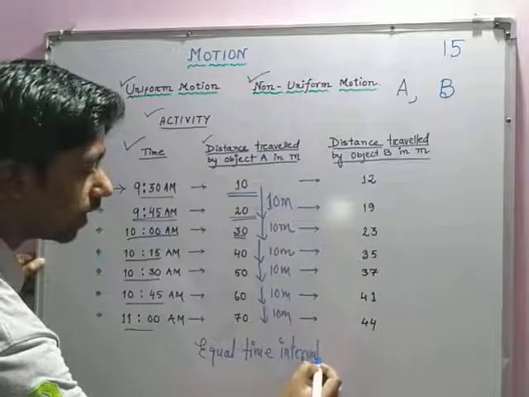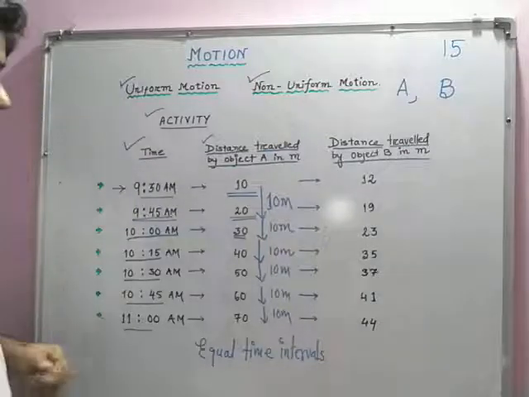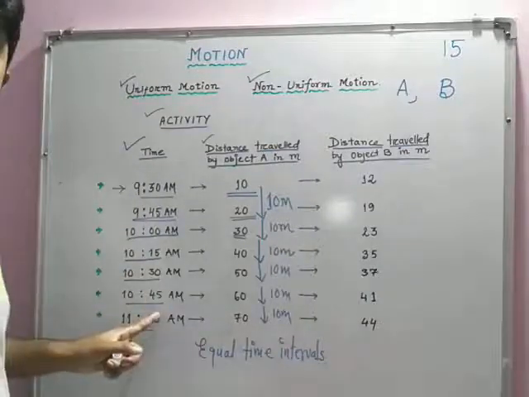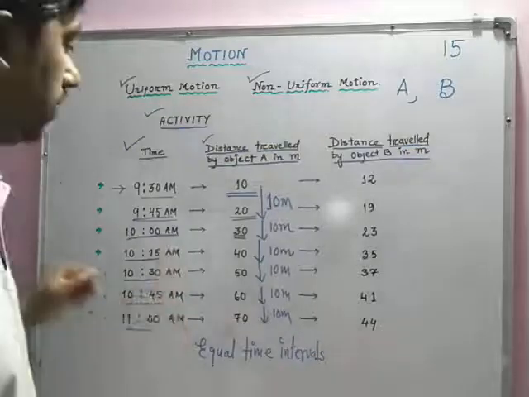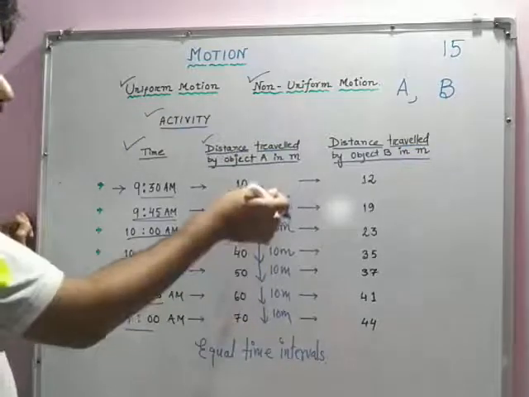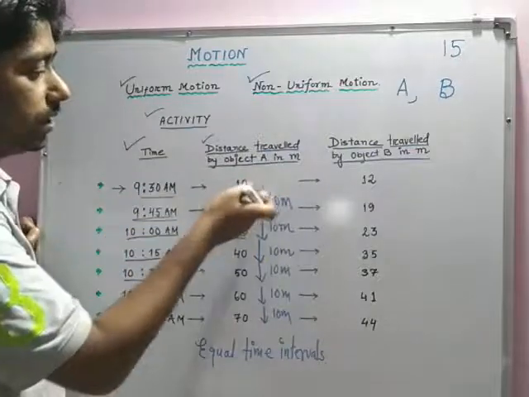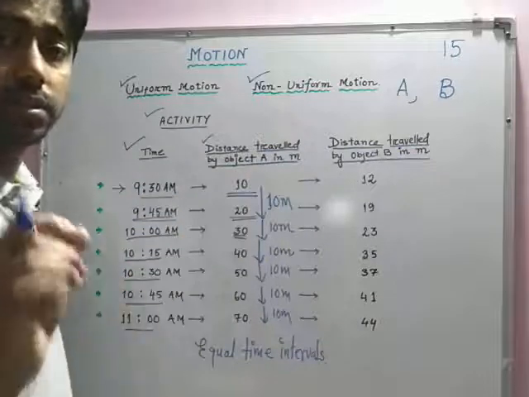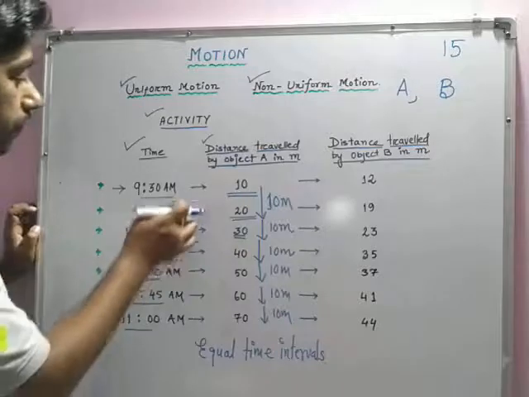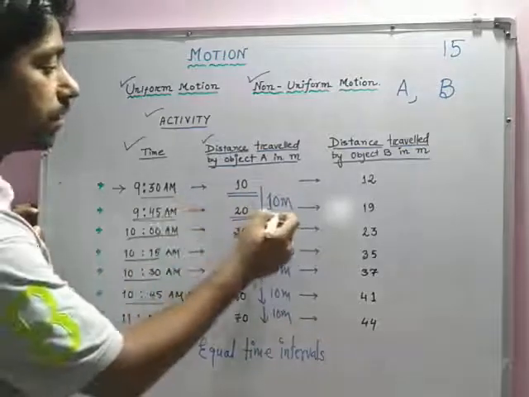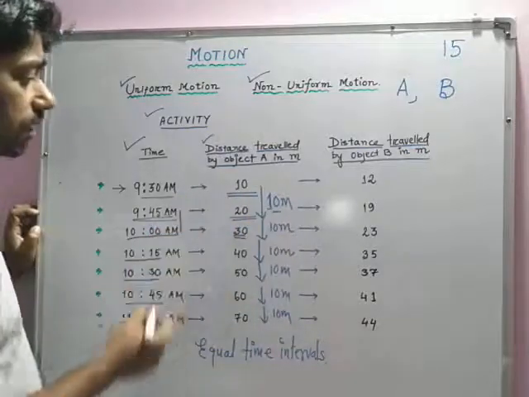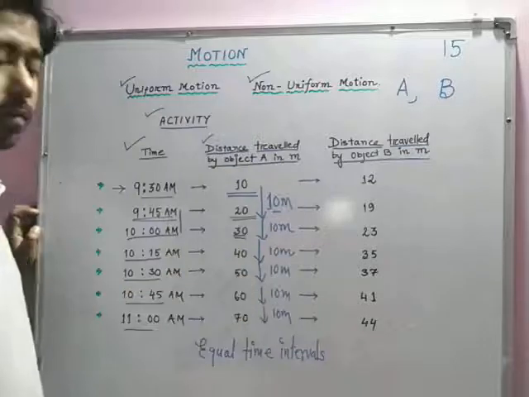Why are we writing this? Because this time interval is 15 minutes in each case. Now you see, corresponding to each equal interval of time, the distance covered is also the same. For each 15 minute interval, the distance covered is 10.